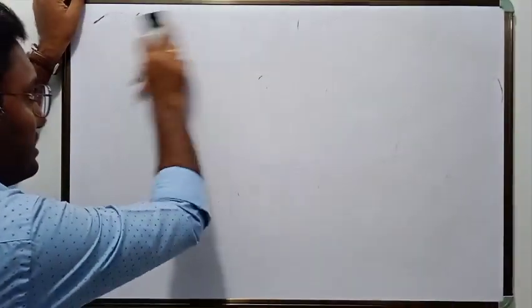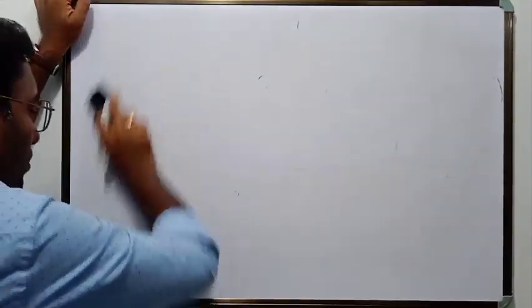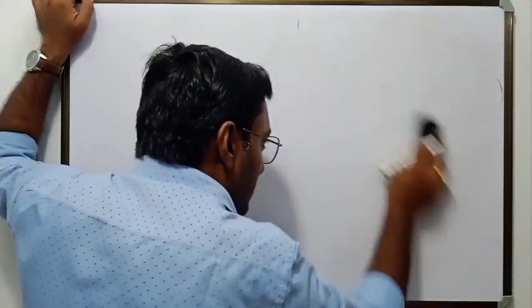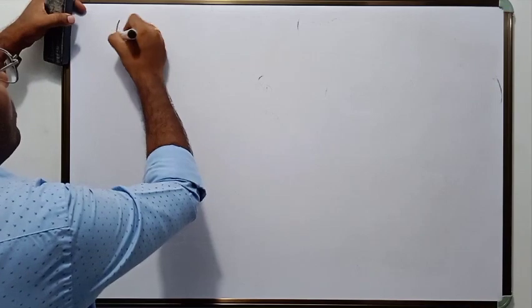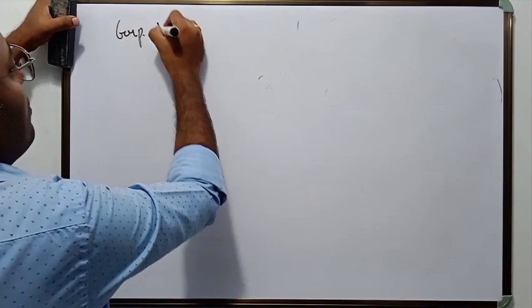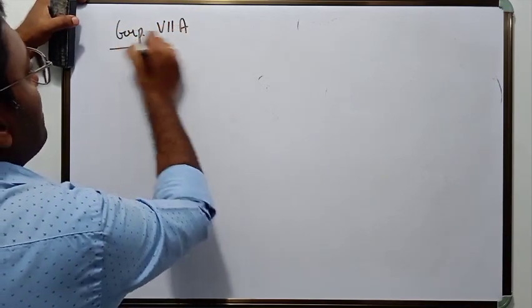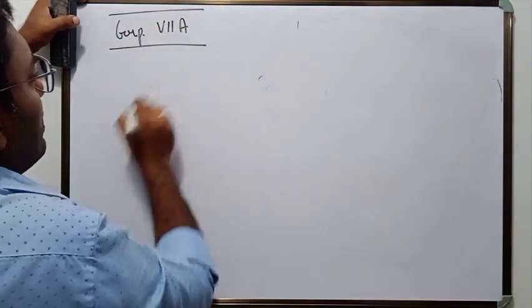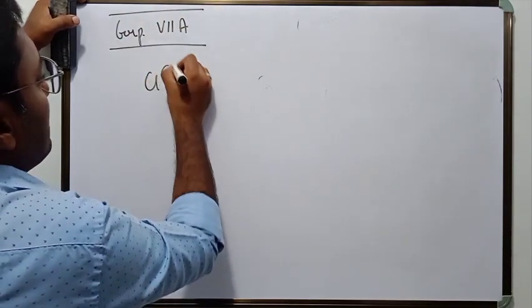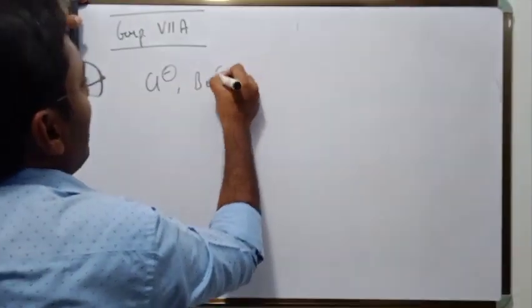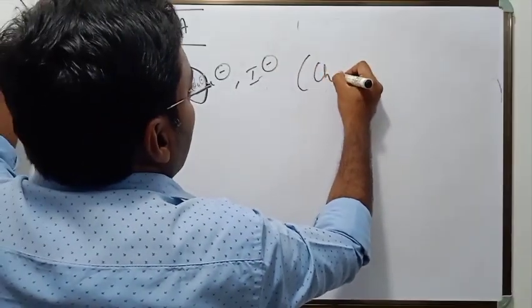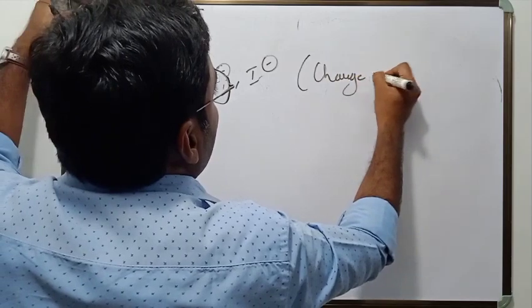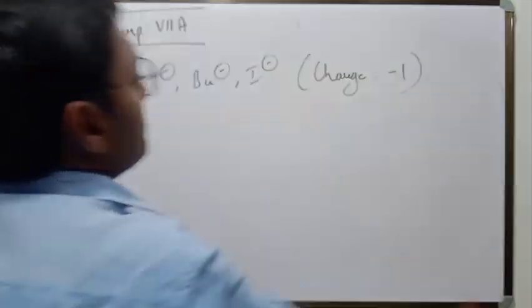Now let us see examples of those atoms which are capable of accepting electrons. Group 7A elements, okay? Let us see the examples: Cl minus, Br minus, I minus. They become stable when they accept one electron and their charge is -1.